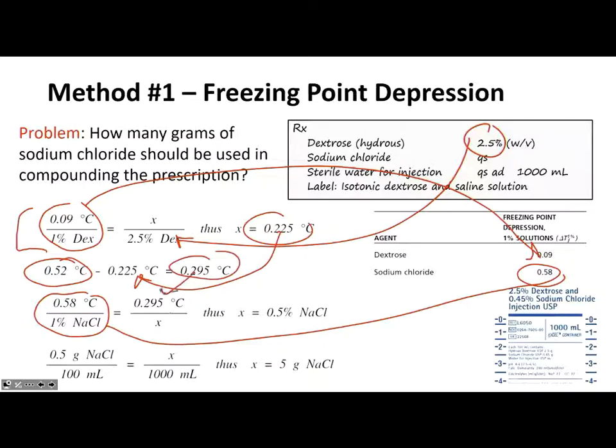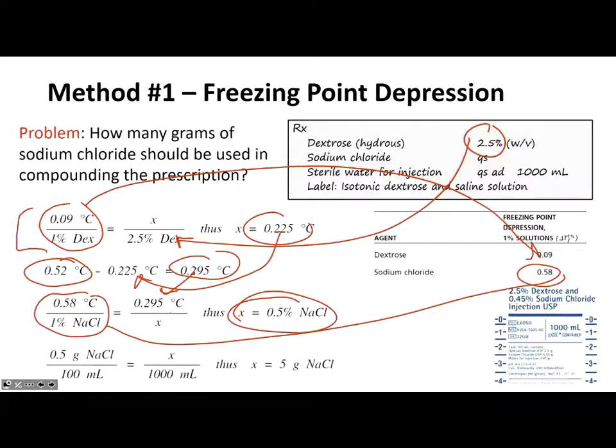I want whatever concentration gives me a 0.295 degrees reduction. Now I put X on the bottom, and X will be the percent concentration that gives me the reduction that I need. Okay? So all I have to do at this point is solve for X. If I cross multiply and do all of that, you find your final answer here is 0.5% sodium chloride. The only trick here is it needs to know how many grams. The question wants grams, and you can now do this however you want.